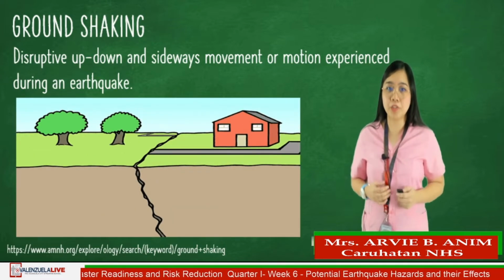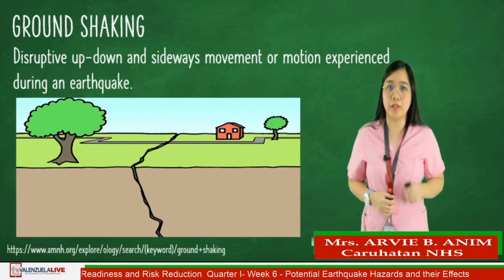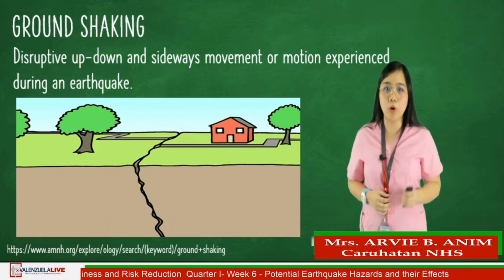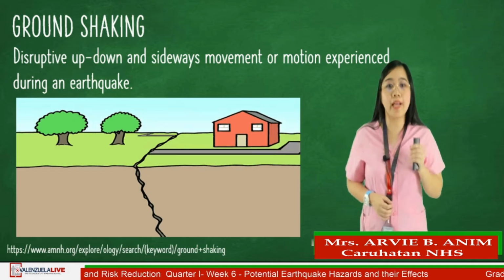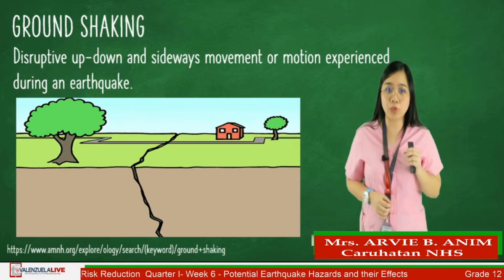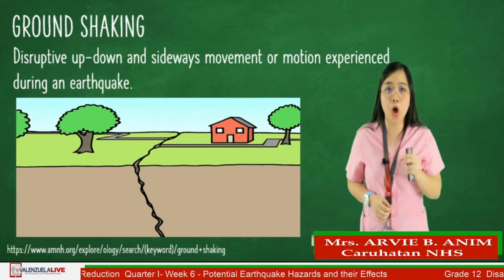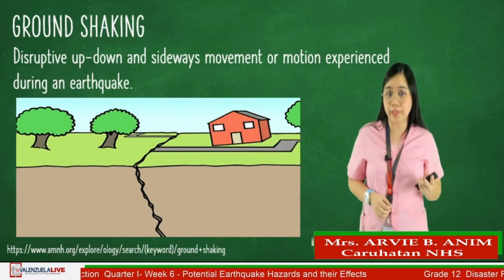This is the disruptive up and down and sideways movement or motion experienced during an earthquake. Strong ground shaking can cause objects to fall and break windows, among others.